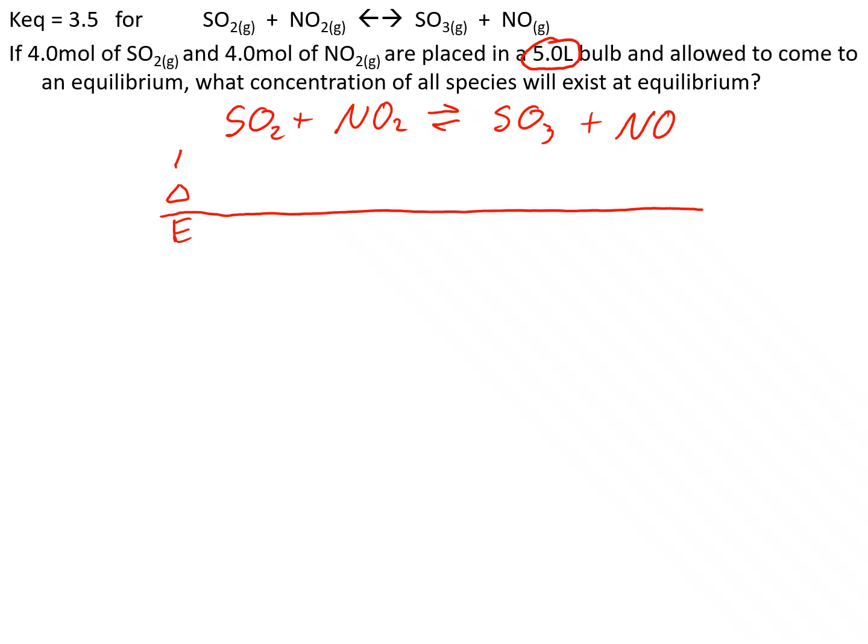So it would be wrong if I wrote 4 moles like this. That is not correct. Only concentration can go in there. So if I'm putting concentration there, I have to go 4 moles divided by 5 liters, or in other words, 0.8 molarity. This is also going to be 0.8 molarity.